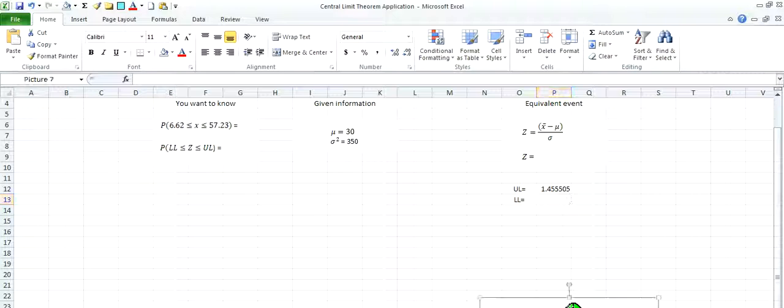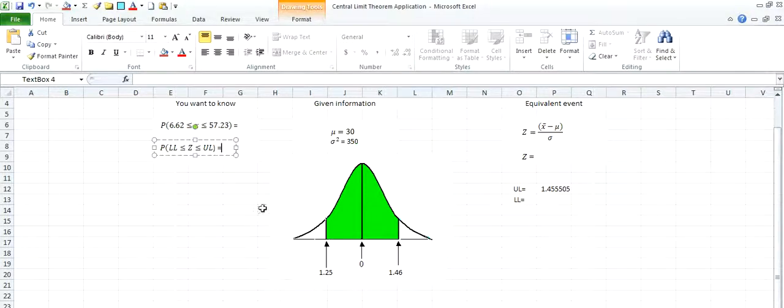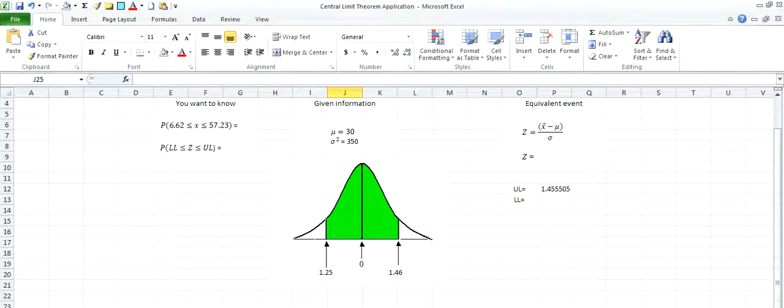So your graph is going to be in between. You can see the negative sign is missing. I'm sorry about that, but there should be negative. This should be negative 1.25. Remember that. So we are interested to find out the probability that the z is between 1.46 and negative 1.25.